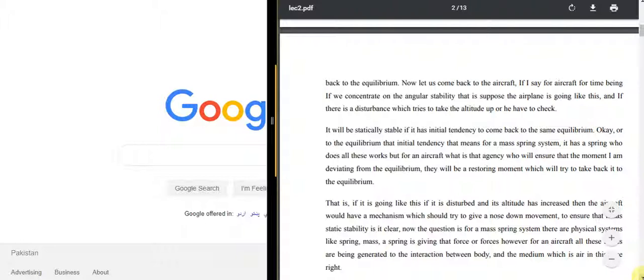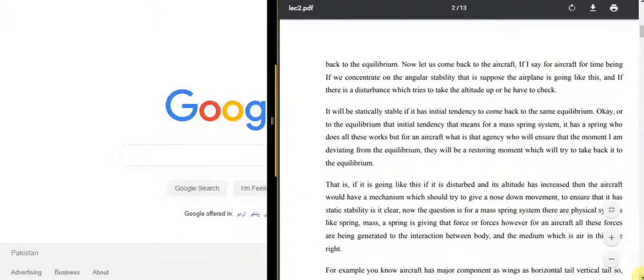But for an aircraft, what is the agency which will ensure that the moment I deviate from the equilibrium, there will be a restoring moment which will try to take it back to the equilibrium? Obviously there has to be a counter moment for restoring it. If the aircraft is disturbed and its attitude has increased, then it would have a mechanism which should give a nose down movement to ensure that it has static stability.